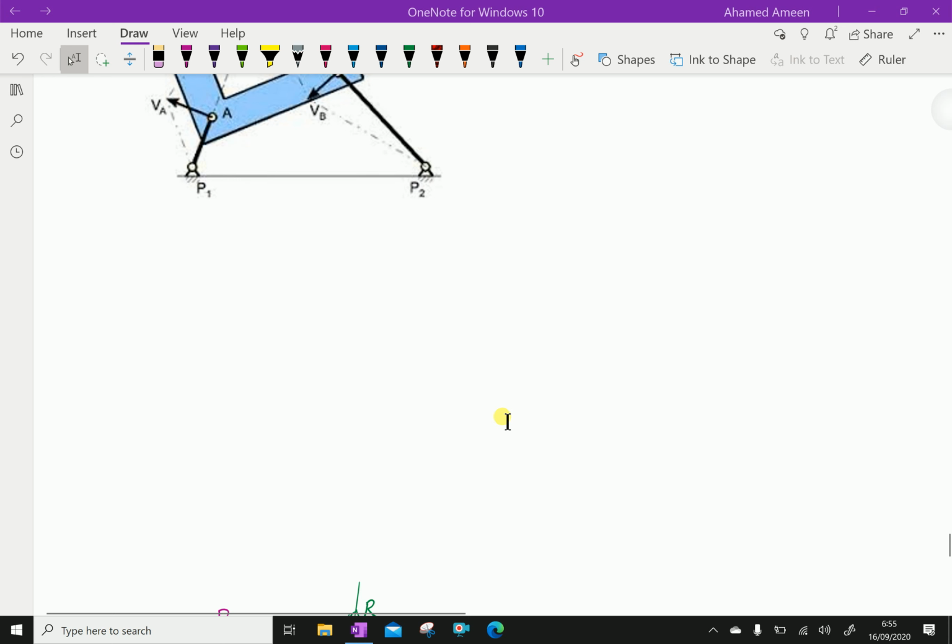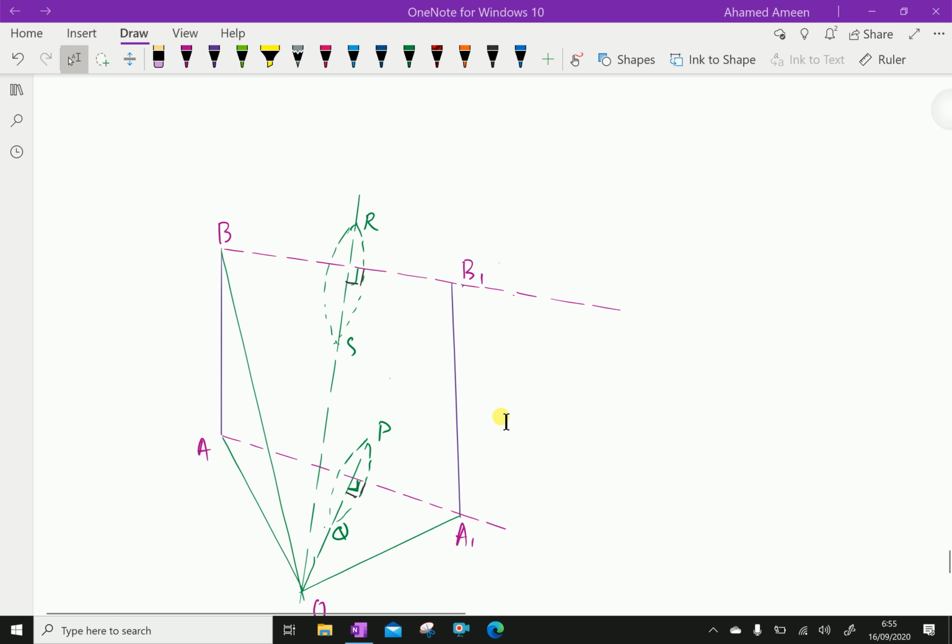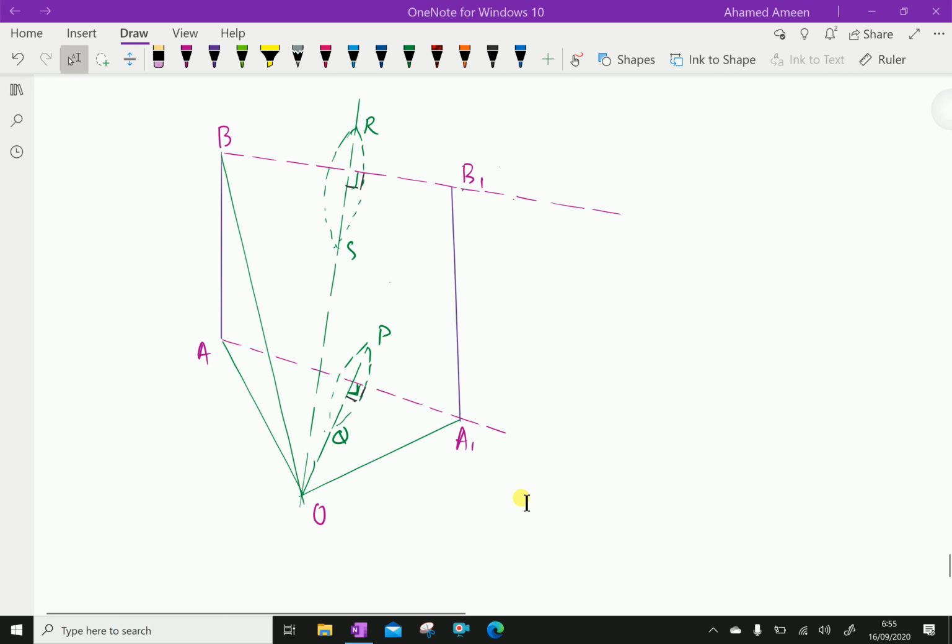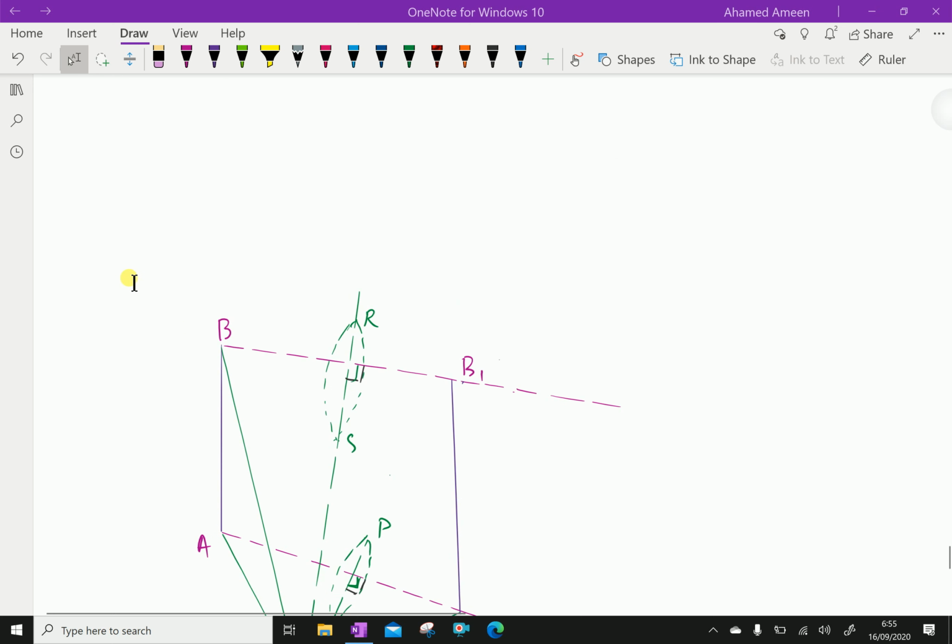Now, further explanation of how to find the instantaneous center of a moving body.